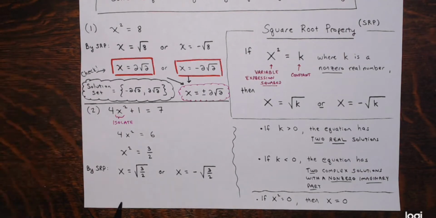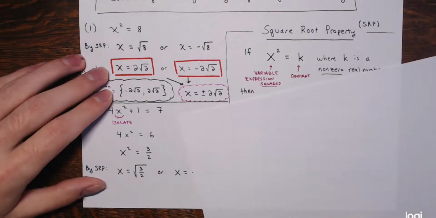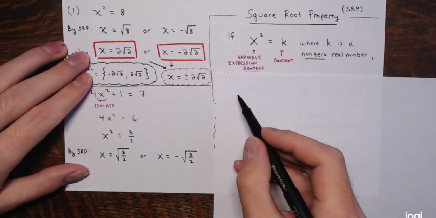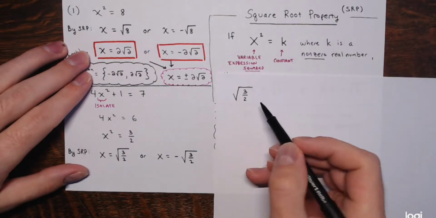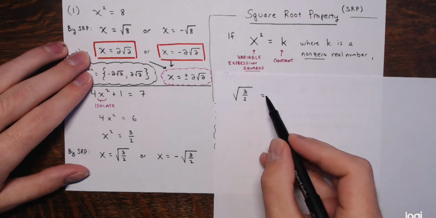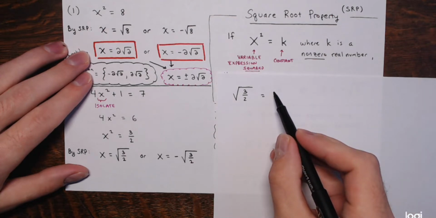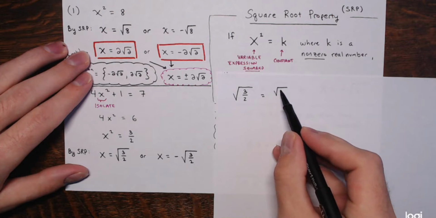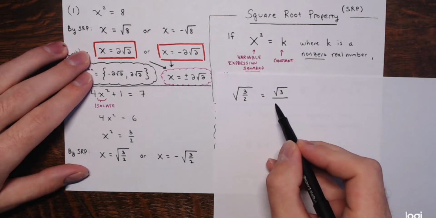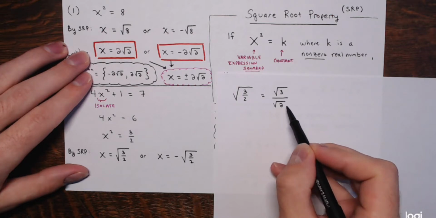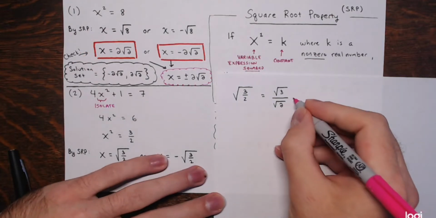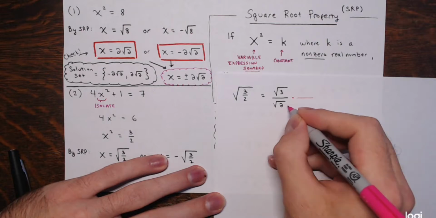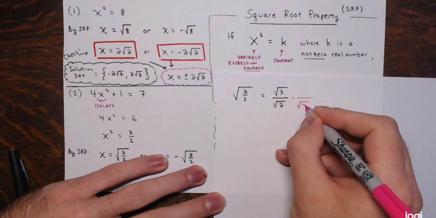Just you may recall that most texts will have you rationalizing denominators. So like the square root of 3 halves, I can rewrite using the quotient property for radicals. That's the square root of 3 divided by the square root of 2, and then to rationalize the denominator, I multiply the numerator and denominator by the square root of 2.